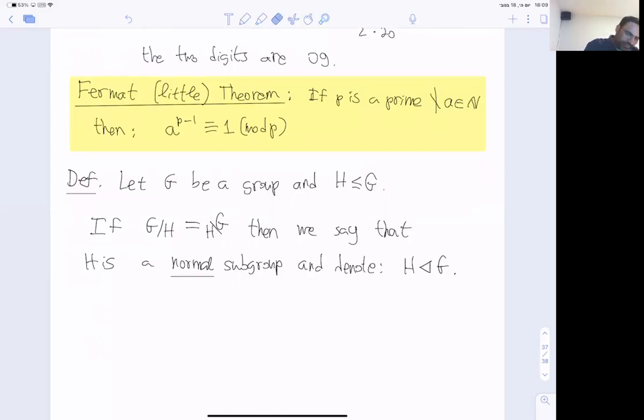For example, I'm not taking an abelian example because it's not so interesting.